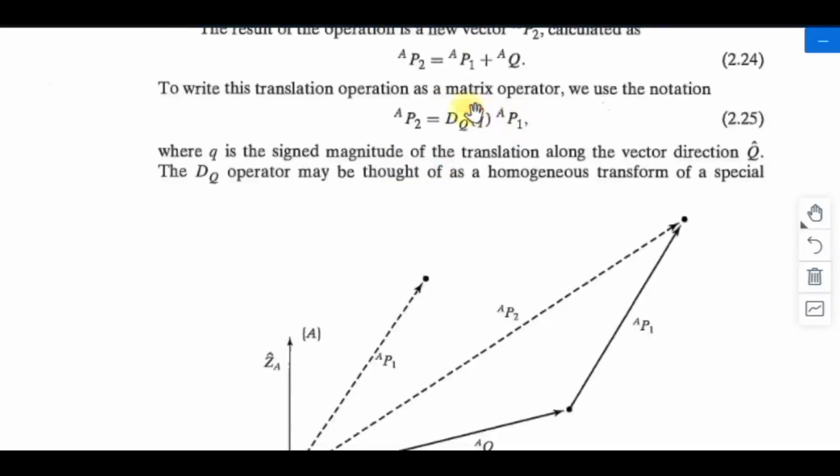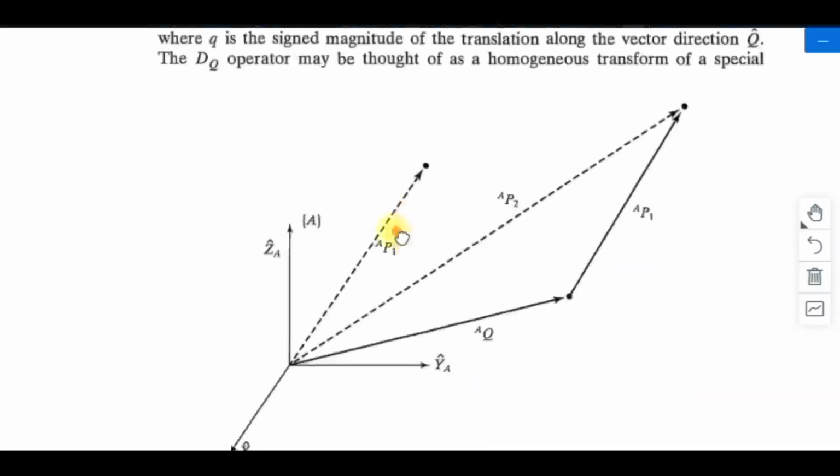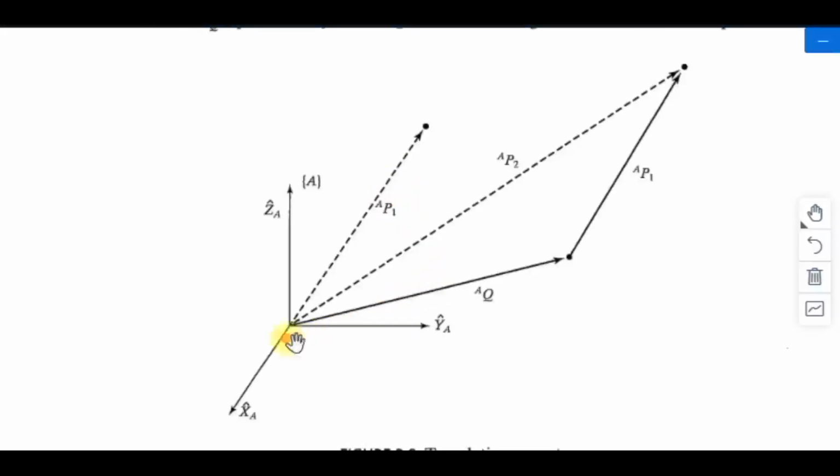So how do you calculate it? Why does this equal this plus this? My question is that AP2 equals this plus this.